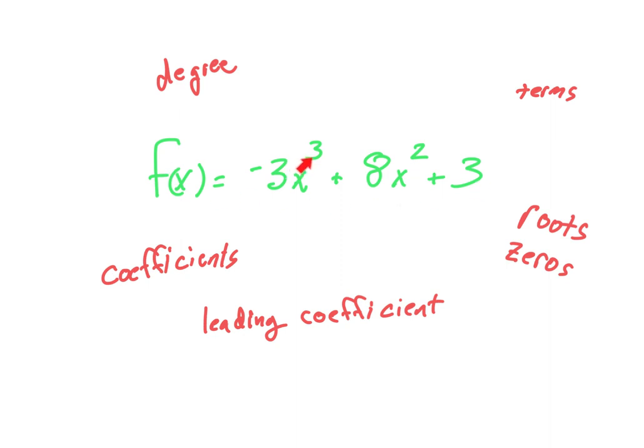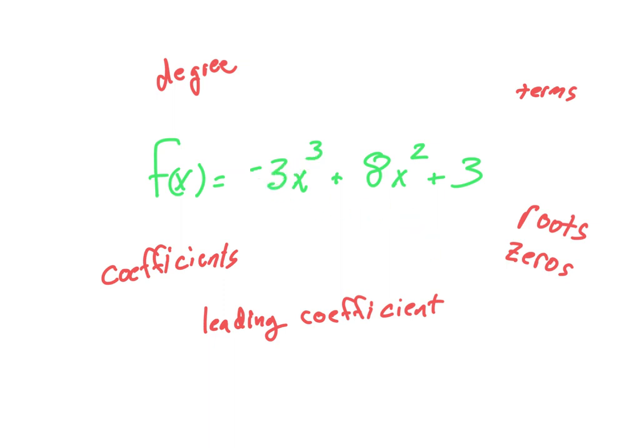Third degree polynomial, odd functions. So it's an odd number as the highest power. If the degree of the polynomial is odd, that means one end of the function goes up, the other one goes down. And you can figure this out pretty quickly. If I put in a really, really large number for x, 1,000, cube it, much larger number, times negative 3, it's going to be negative a really large number.